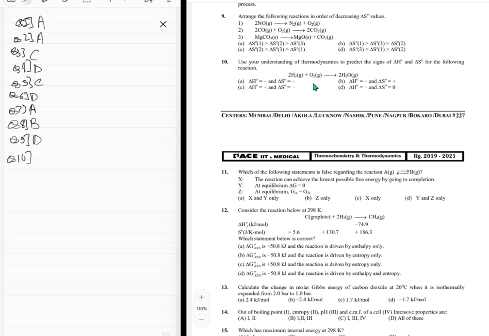There is of course the entropy of the molecules themselves, like H2 and O2 only have some degrees of freedom, and this one can rotate in a lot of ways, so its own entropy might be more, but the moles are smaller, and that means your entropy is probably decreasing. So delta S is negative, I think.